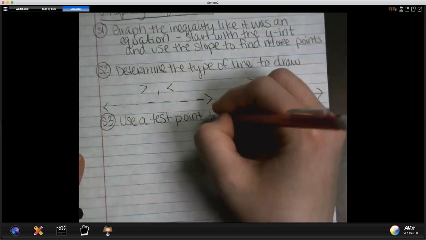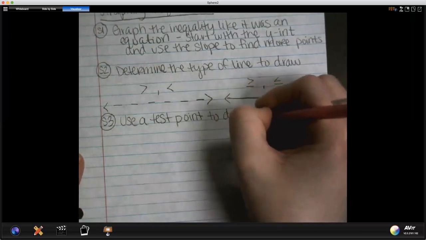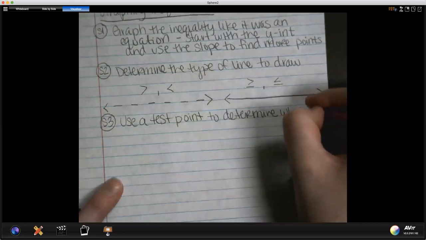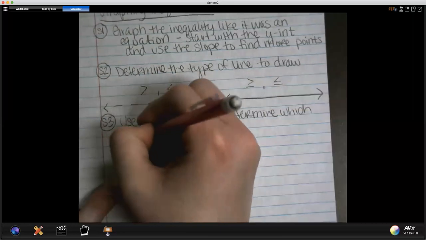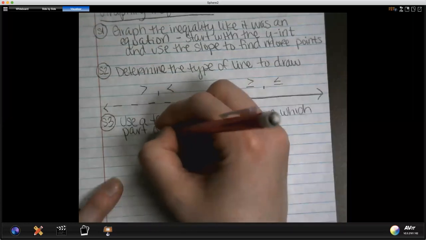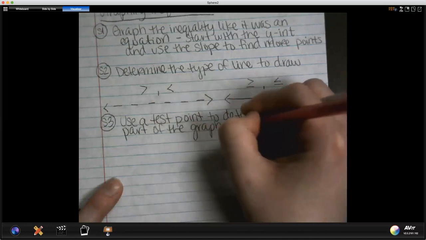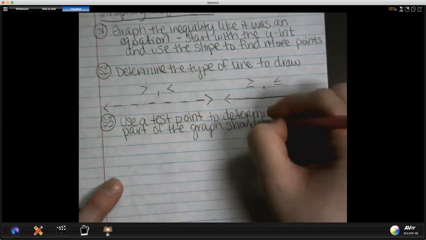to determine which part of the graph should be shaded.